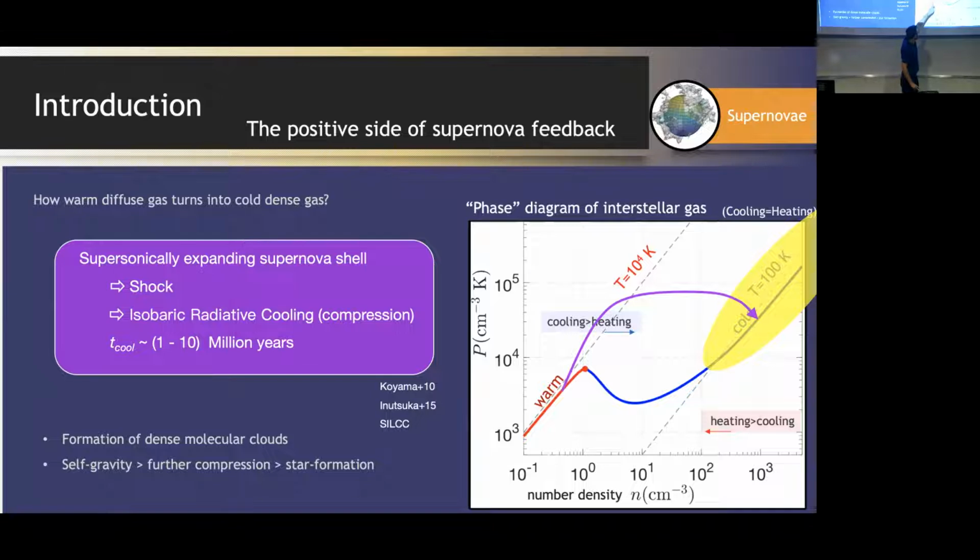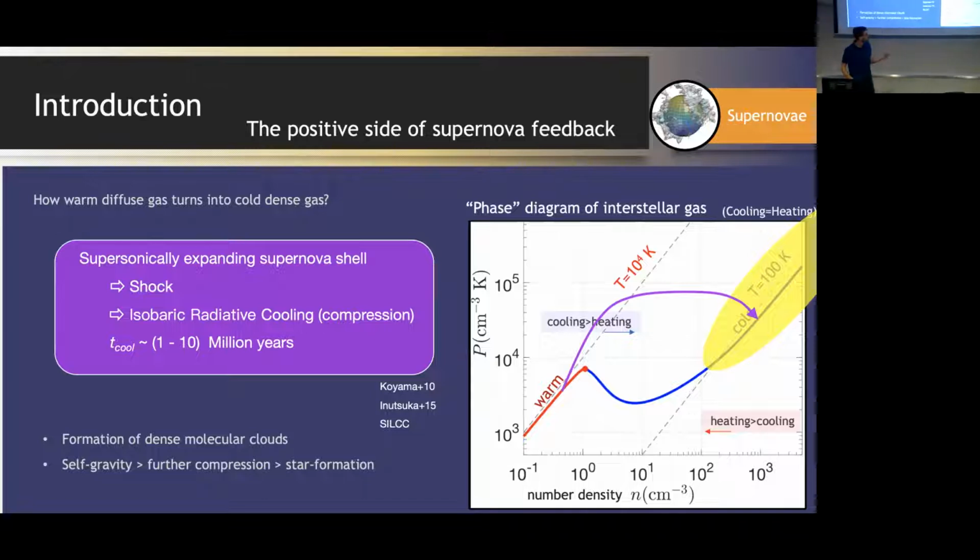The thing is, you need some perturbation, something to jump above this thermal instability. For example, another way you can do that is by falling into spiral arms. If you have some asymmetry in the gravitational potential on large scales of the galaxy, i.e. spiral arms or a bar, or inflows from outside the galaxy, then you can have it. But you have to have something mildly supersonic to give you this shock.